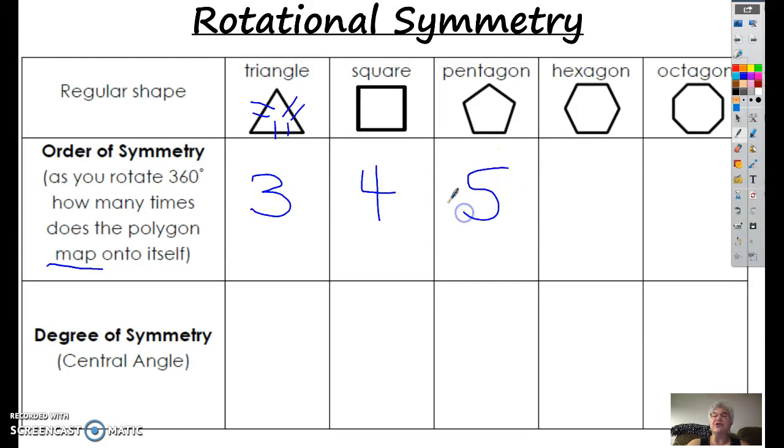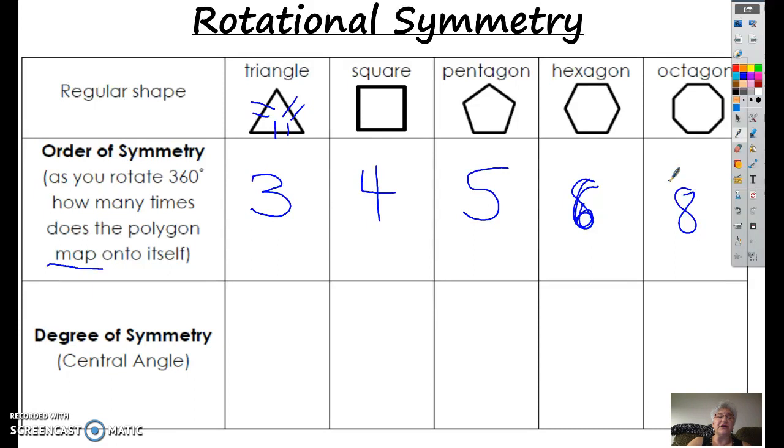Pentagon, 5 turns gets me the same mapping of the pre-image to the pre-image. Happens 5 different times with 5 different turns. It's going to be 6 for a hexagon and 8 for an octagon. So equal to the number of sides.